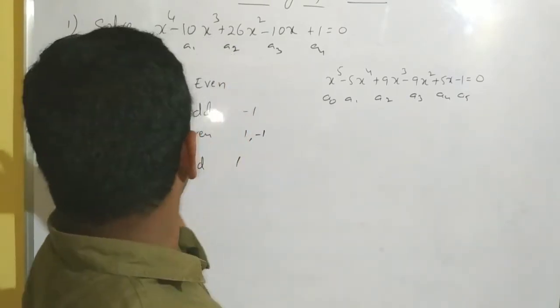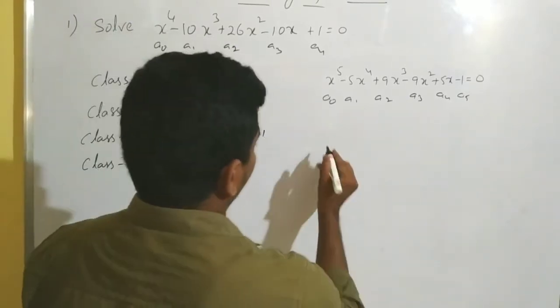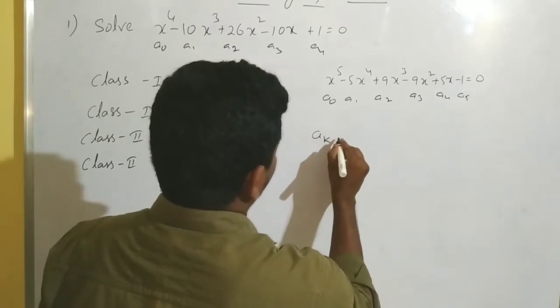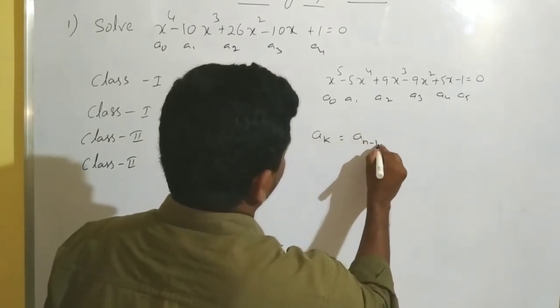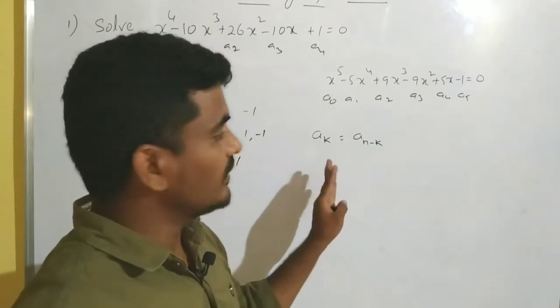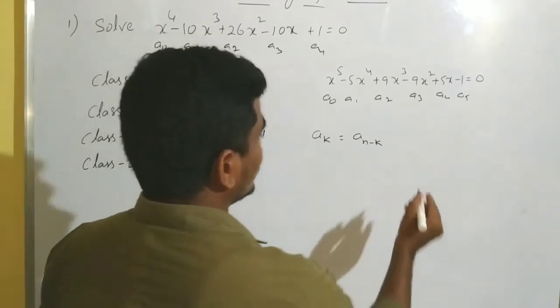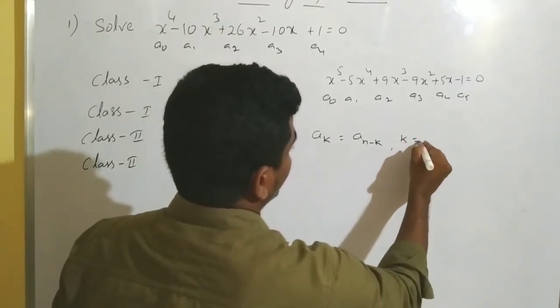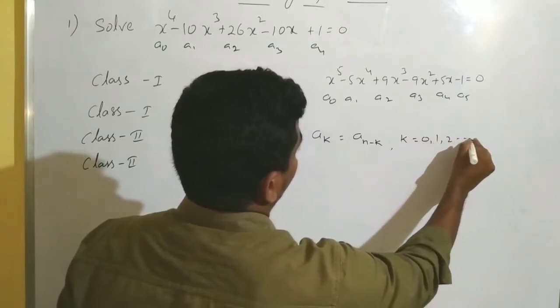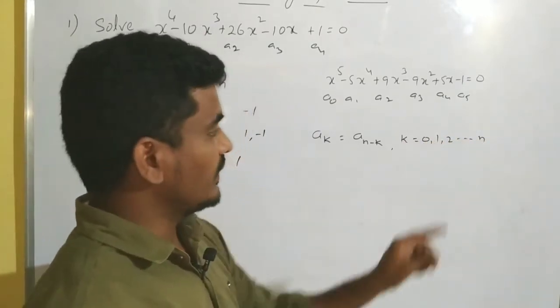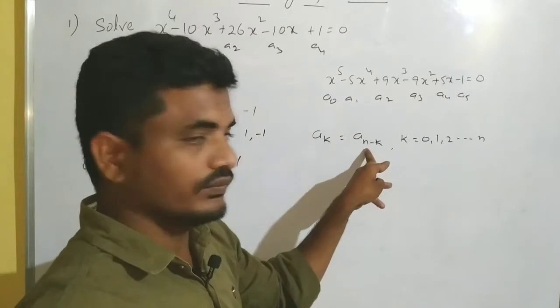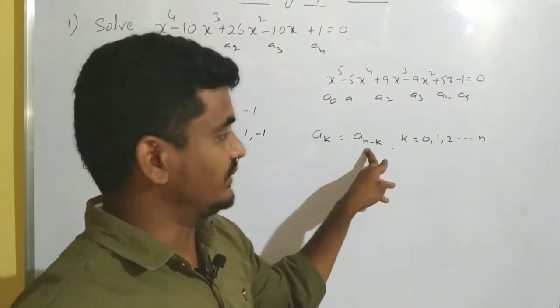To find class 1, AK equals AN minus K. If they are equal, then it is a class 1 equation, where K equals 0, 1, 2 up to N. Here N depends on the degree of the equation.